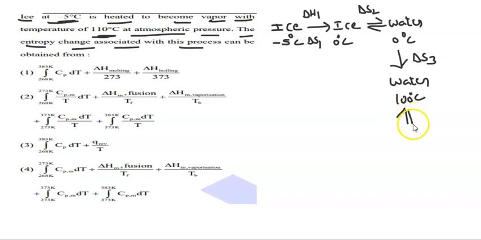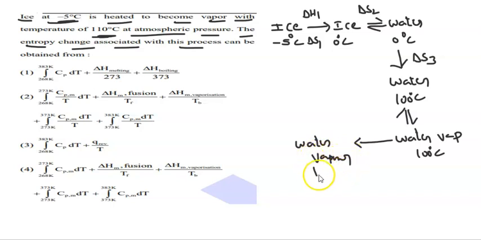At 100 degrees centigrade, there exists an equilibrium with water vapor. The temperature remains the same at 100 degrees centigrade. Now the water vapor has been changed to water vapor, but the temperature has been changed to 110 degrees centigrade.